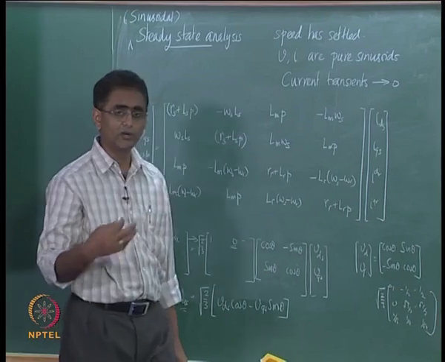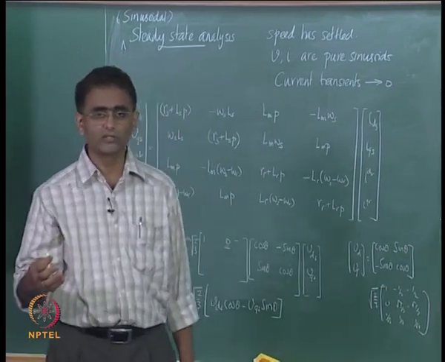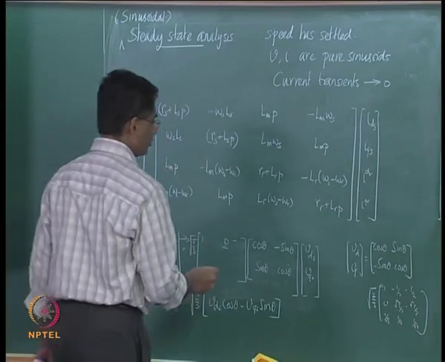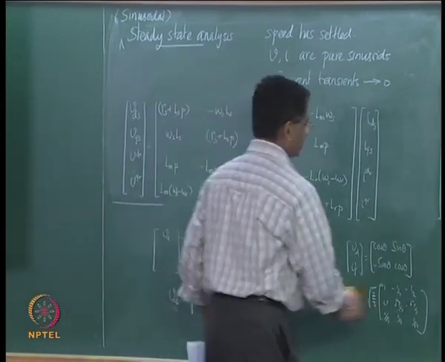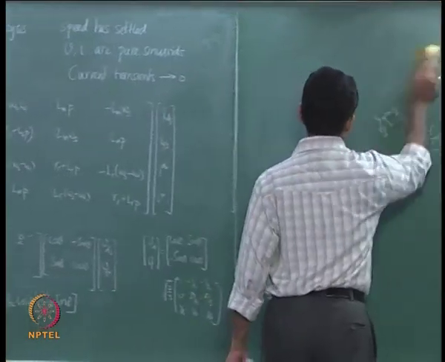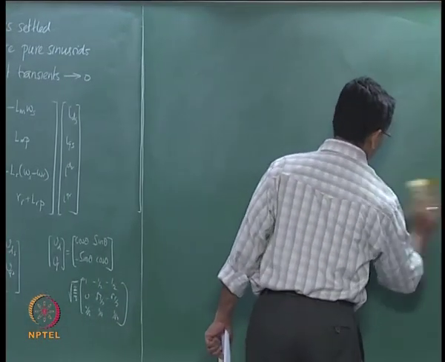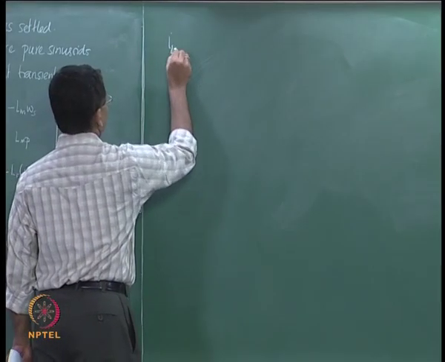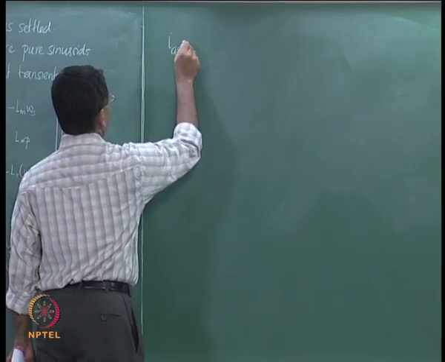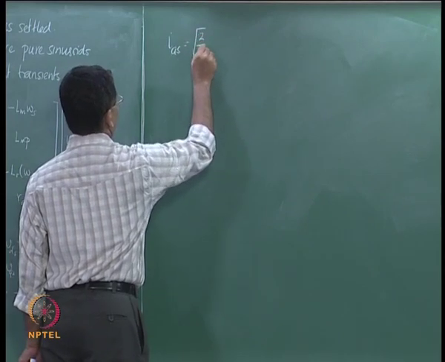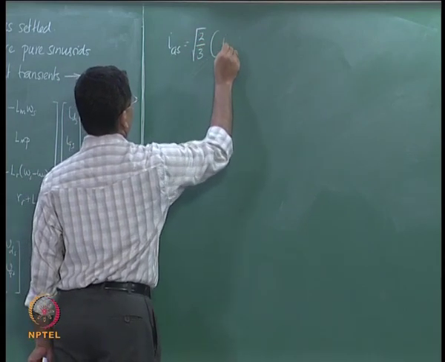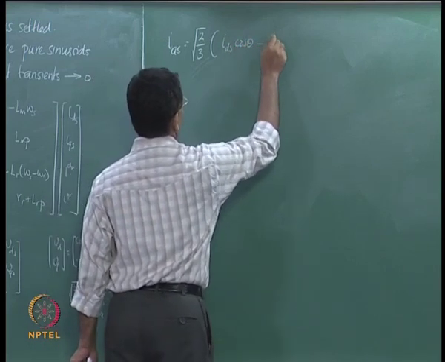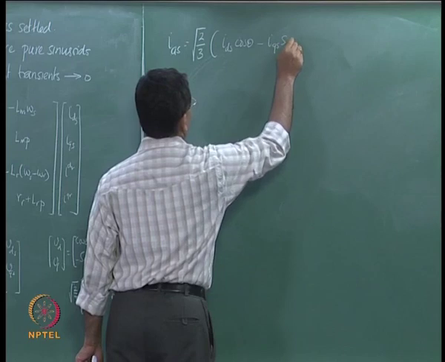Again we are looking at a per phase equivalent circuit, so it is sufficient to consider IAS alone, and therefore you would have another equivalent relation: IAS is equal to root 2 by 3 into IDS cos theta minus IQS sin theta.